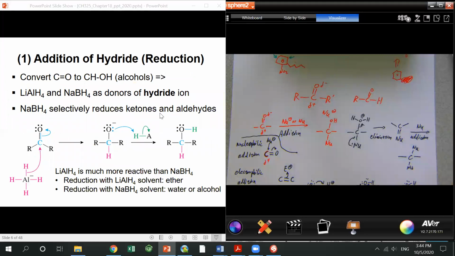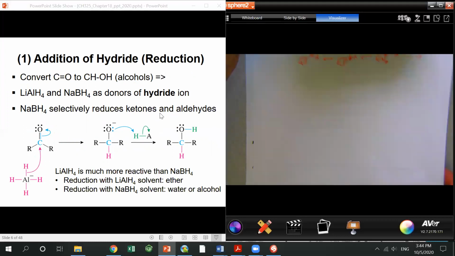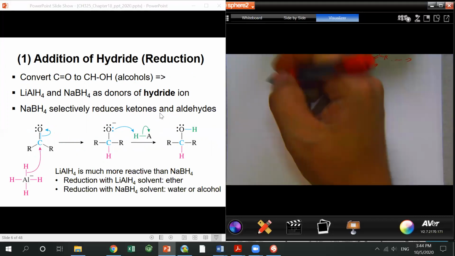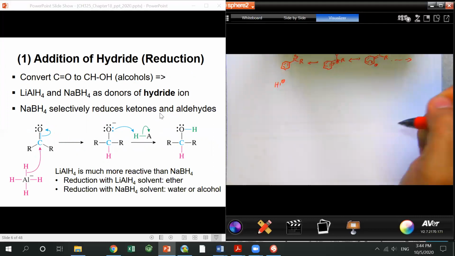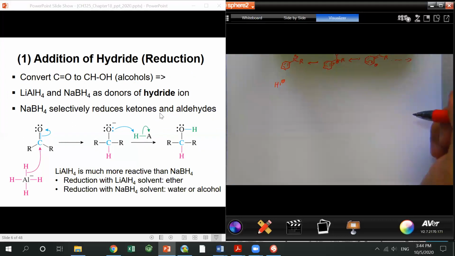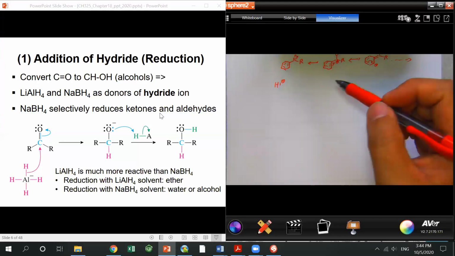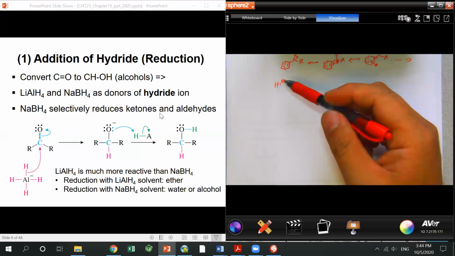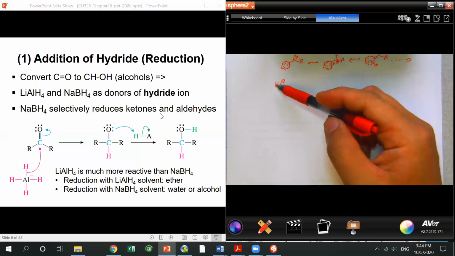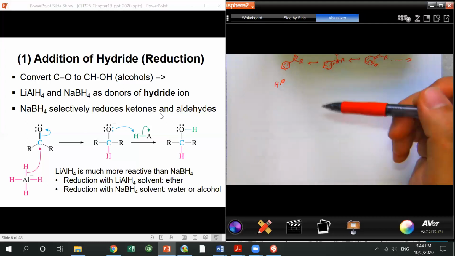All right, here we will study the first addition reaction, the addition of the hydride. Hydride is actually H minus, with a lone pair of electrons on the hydrogen. Normally we get H plus, as a proton, but if hydrogen reacts with some metal, the metal has poor electronegativity, so hydrogen gains the electrons and becomes hydride.